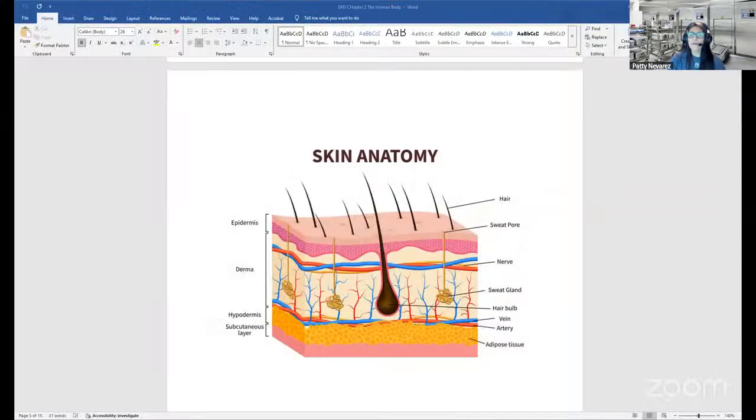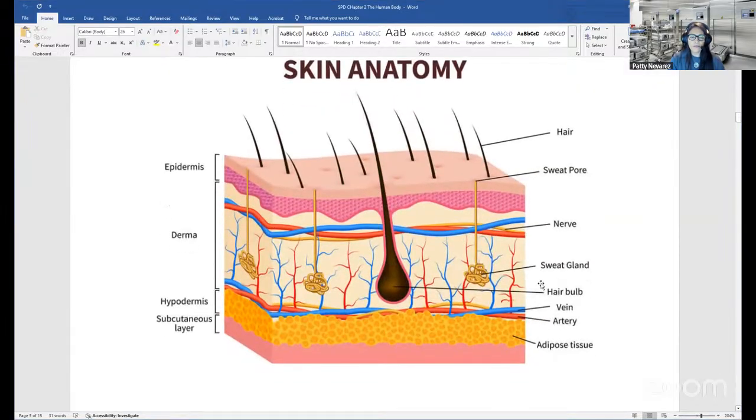We're going to talk about the integumentary system. Let me make this a little bigger, just a smidge, so you can all see it. The integumentary system contains the skin and accessory organs.